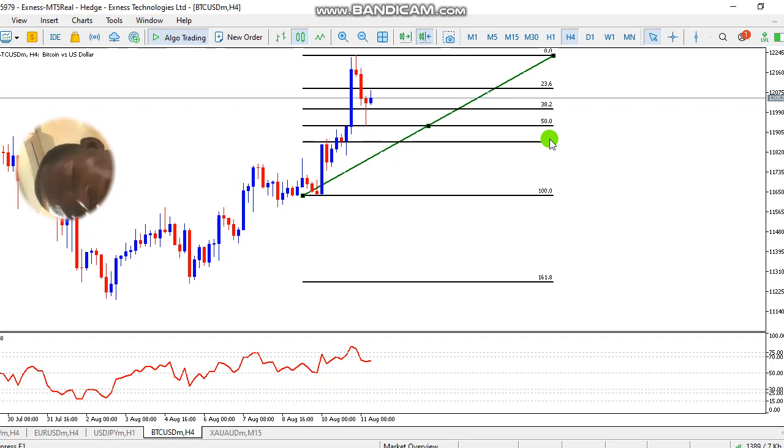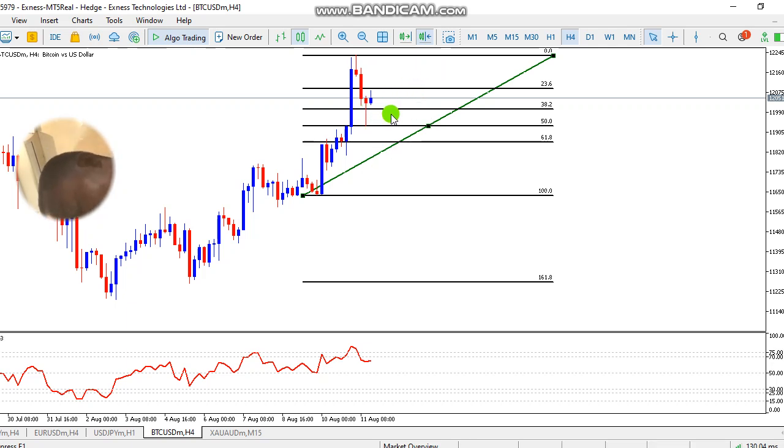Now, it depends on the strength of the trend. If the trend is very strong, then you expect the market to retrace to 23.6%, and then the uptrend continues. Or the market can retrace to the 50% Fibonacci level and reverse at that particular level.